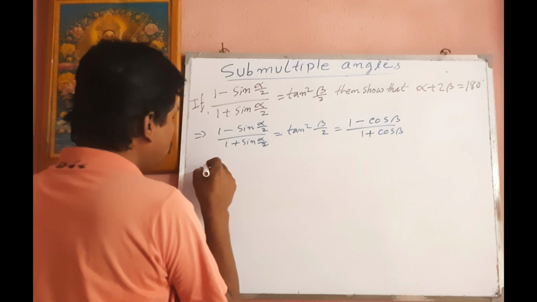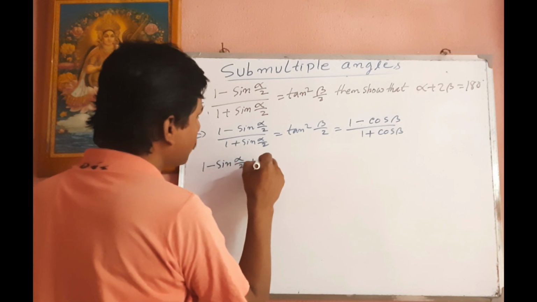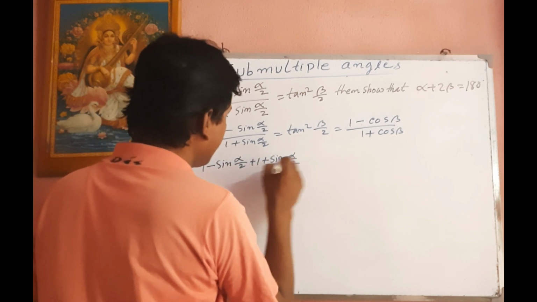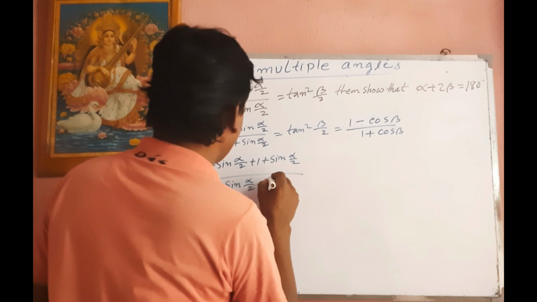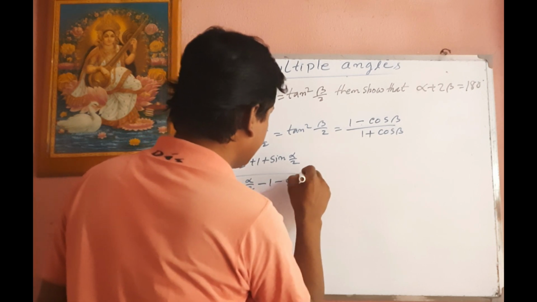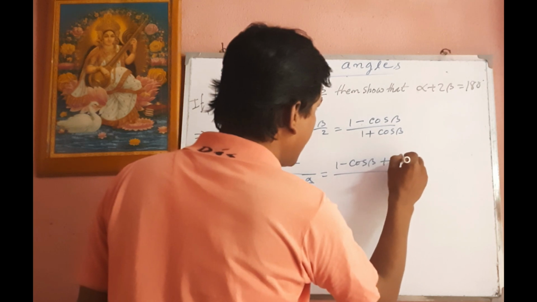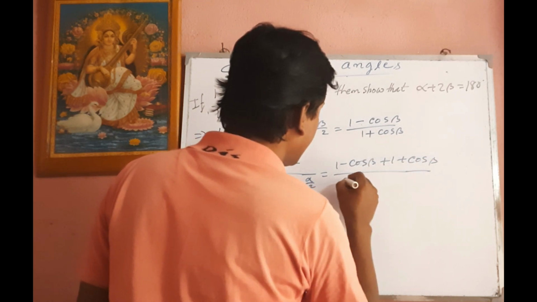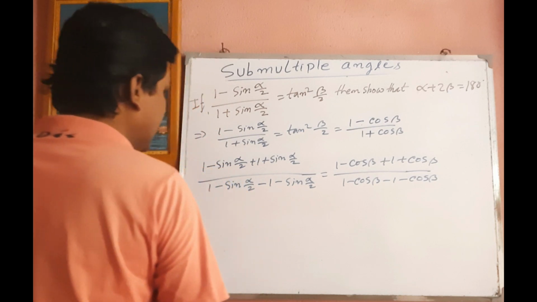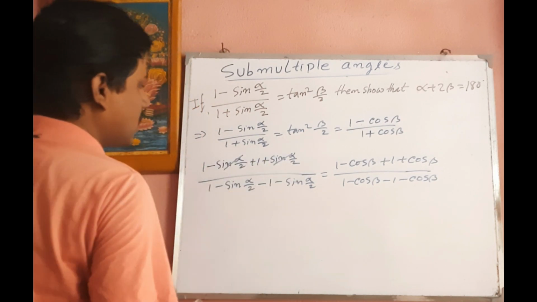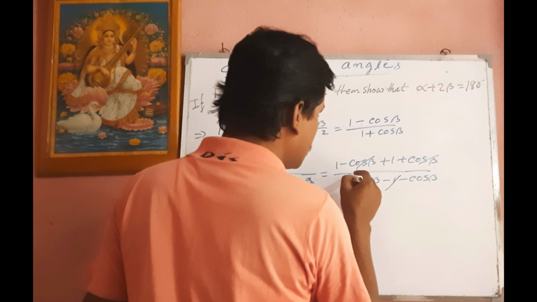Now using componendo and dividendo on both sides, we get, and here also 1 minus cos of beta, 1 plus cos of beta, and 1 minus cos of beta minus 1 minus cos of beta. Now calculating, these terms vanish.